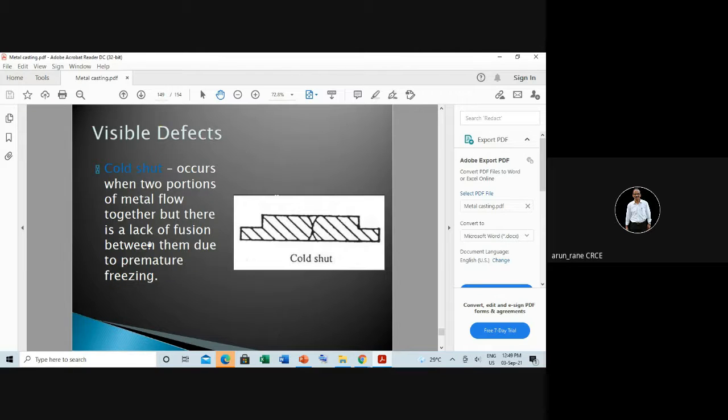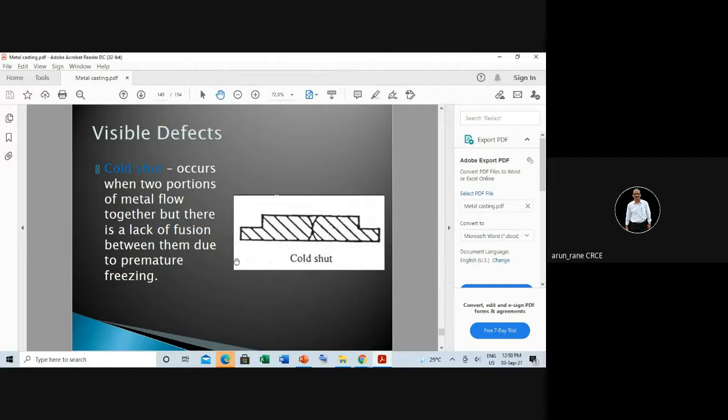Cold shut means, you have poured a metal, so metal is coming from, see, this is a cavity, this rectangle is a cavity, and say your gate is here, so metal is flowing from here, metal is flowing from here, and when they come together, they have to fuse properly.